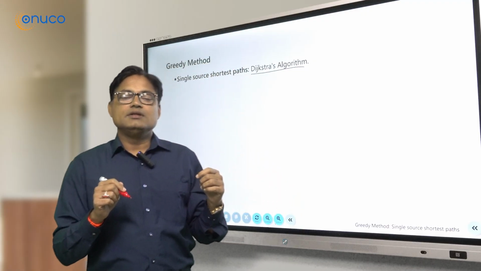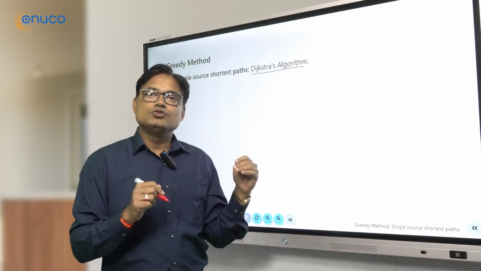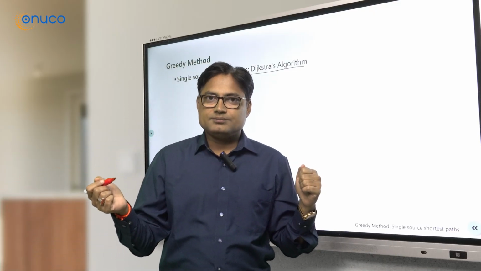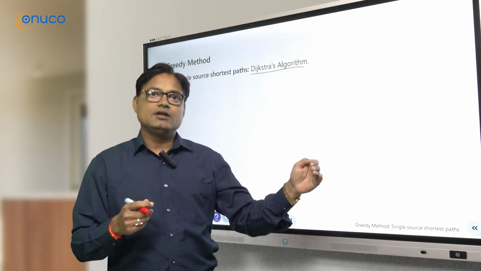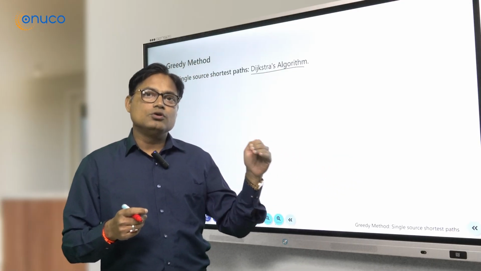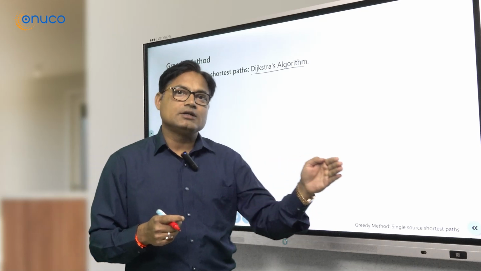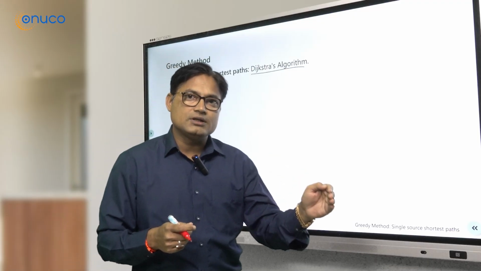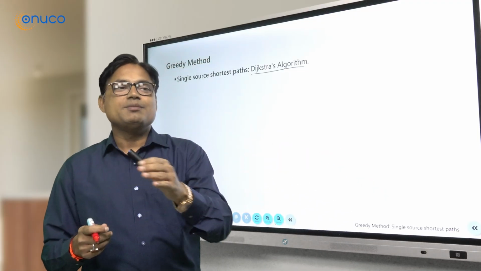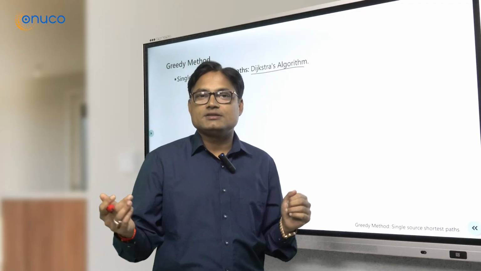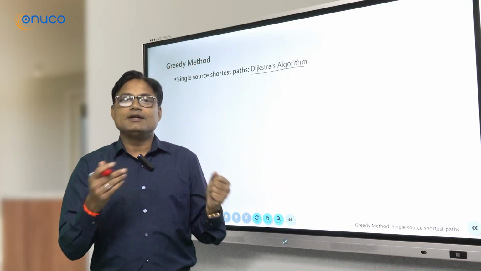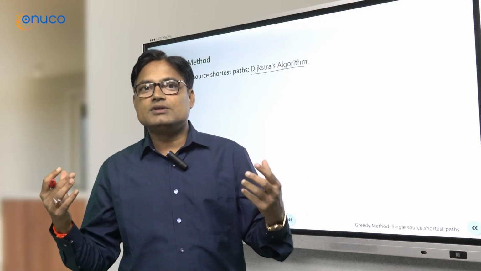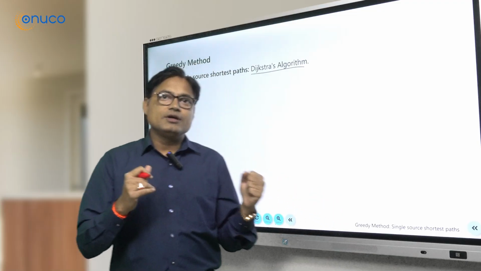There may be a direct path from source to destination, say it is 2000 kilometers, but there is another way, say via Hyderabad to go to Delhi. The distance from Bangalore to Hyderabad plus Hyderabad to Delhi may be lesser than the direct distance. In that case we go with the shorter one. This is our greediness: always we go for the shortest distance.